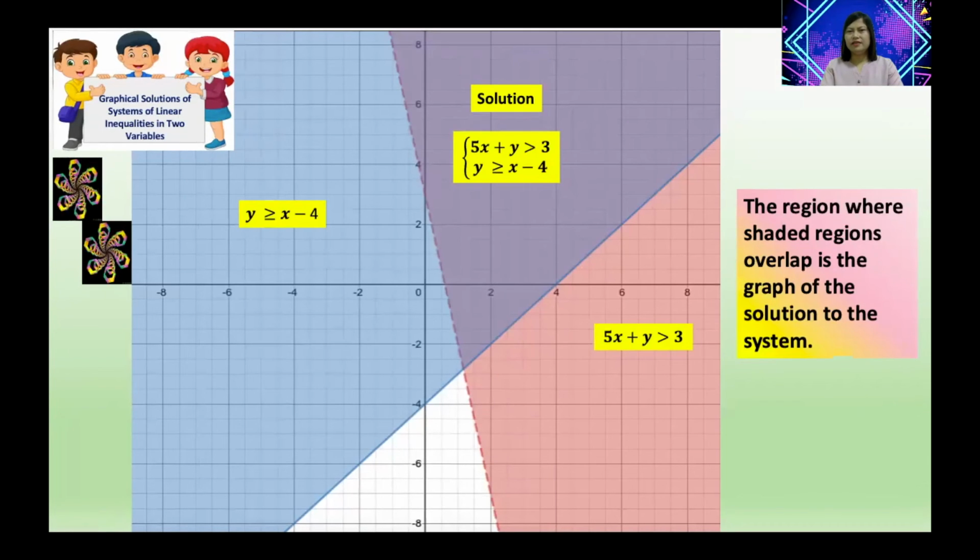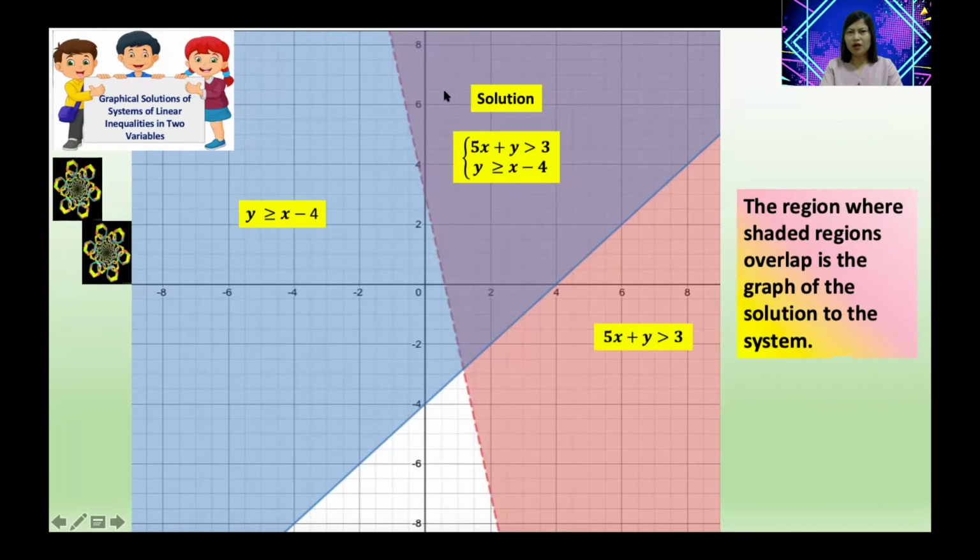Joining the graph of 5x plus y is greater than 3 to the graph of y is greater than or equal to x minus 4, we have the graph of the given system. Again, the region where shaded regions overlap is the graph of the solution to the system.